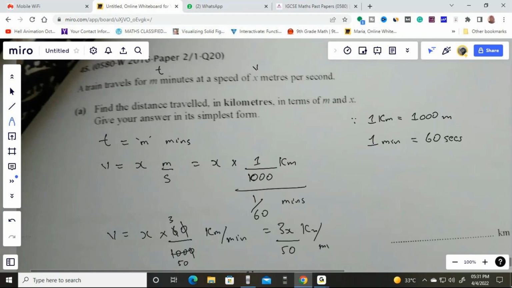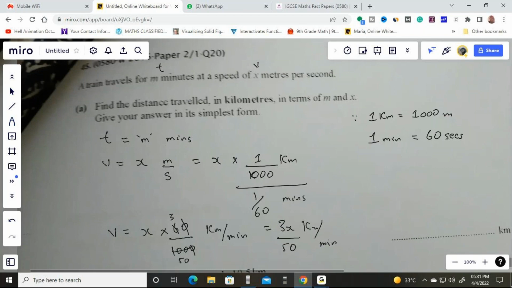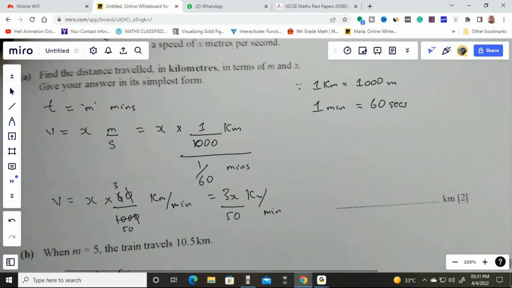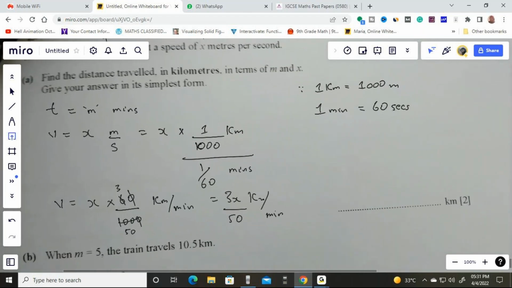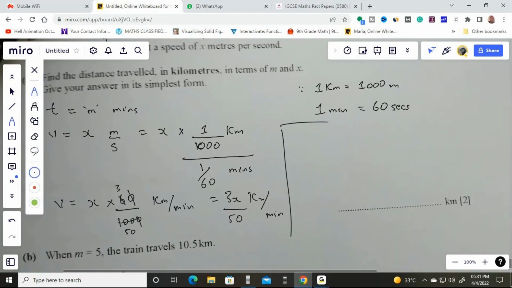Now I can find my distance. I know that v is equal to s upon t, so s is equal to vt. v is 3x upon 50 and time is m minutes. So simply kilometers will be left. Minutes and minutes will get cancelled.